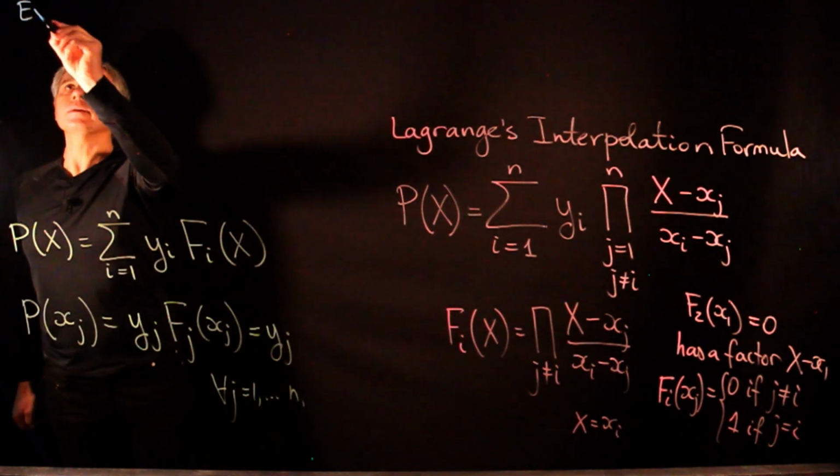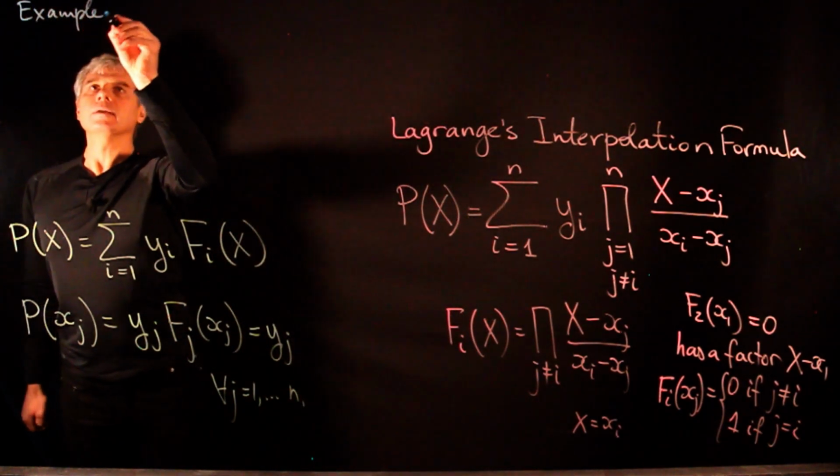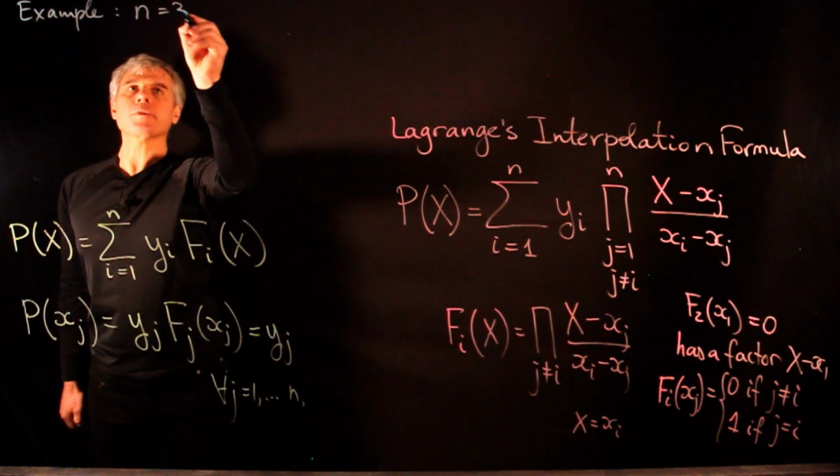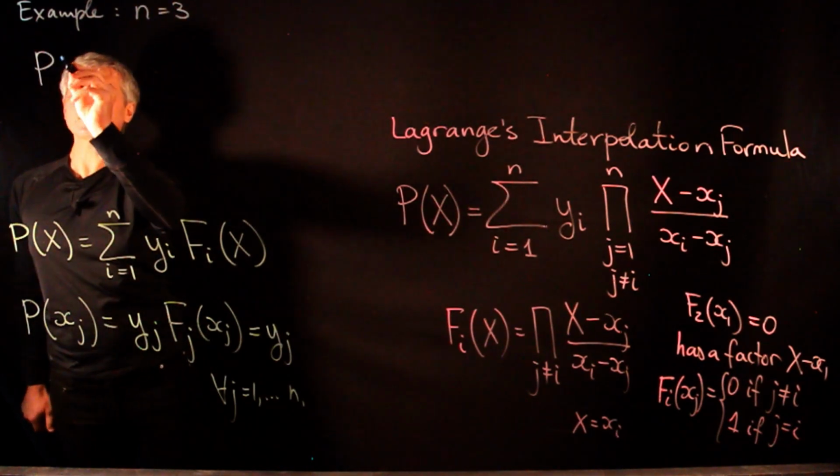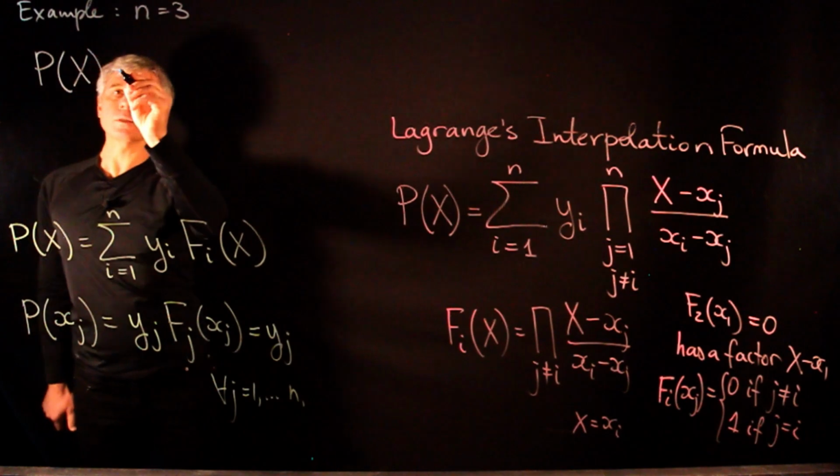As an example, when n is equal to 3, the Lagrange interpolation polynomial looks like this.